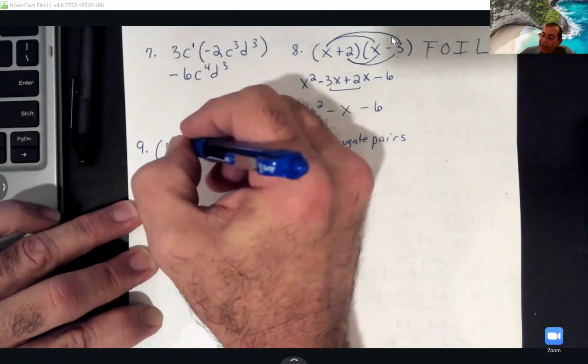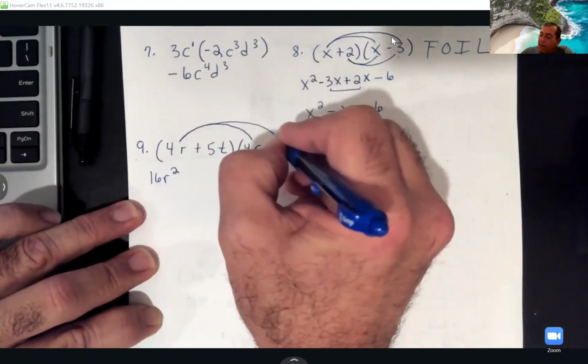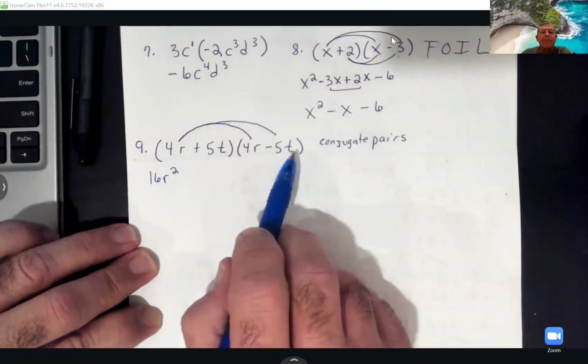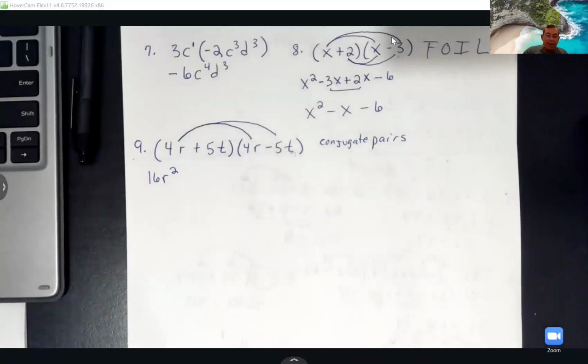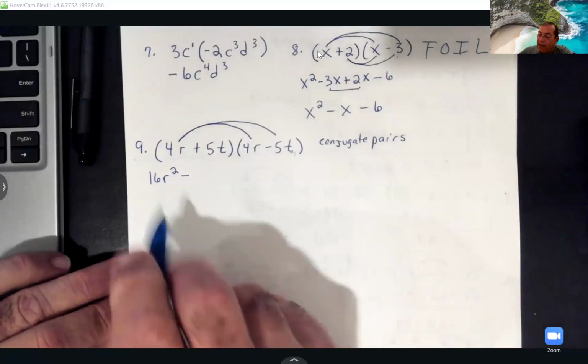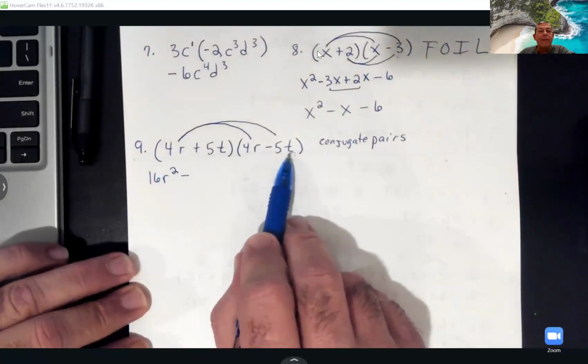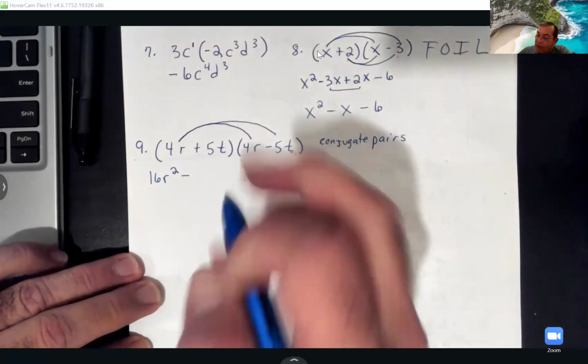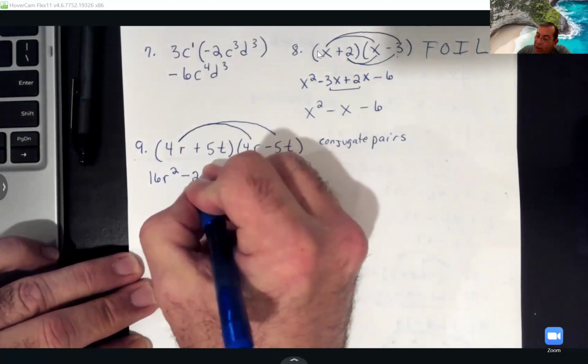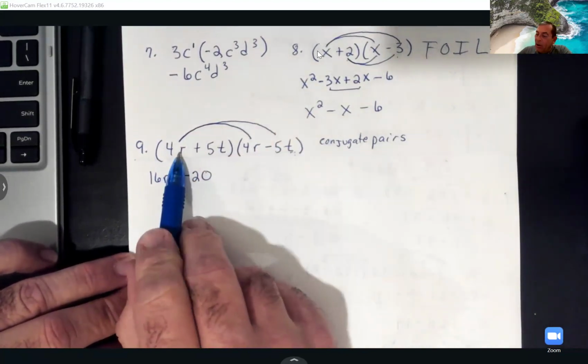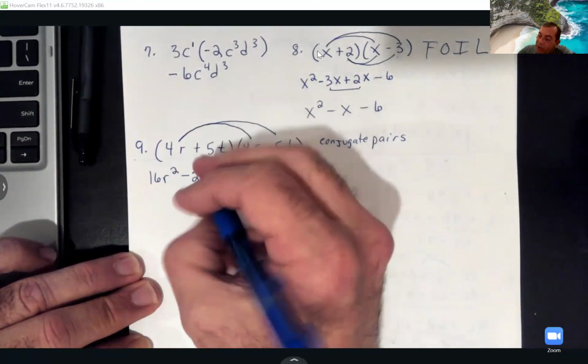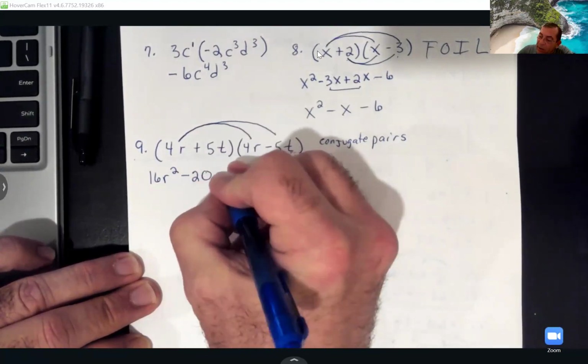All right, y'all, I got this 4r times a -5t. Well, first of all, I know that's going to be a negative no matter what. Kind of got a positive times a negative. And then 4 times 5 is 20, so I get a -20. And then I got an r and a t, so that's just going to stay an rt.